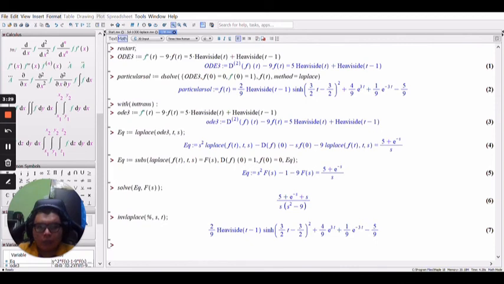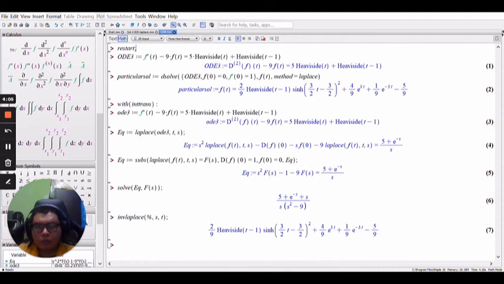For d squared f(t), it is transformed into s squared Laplace f(t) minus df0 minus s f0, while minus 9 f(t) is transformed into minus 9 Laplace f(t). And for 5 Heaviside t, it is transformed into 5 over s. Meanwhile, plus Heaviside t minus 1 is transformed into plus exponent negative s over s.